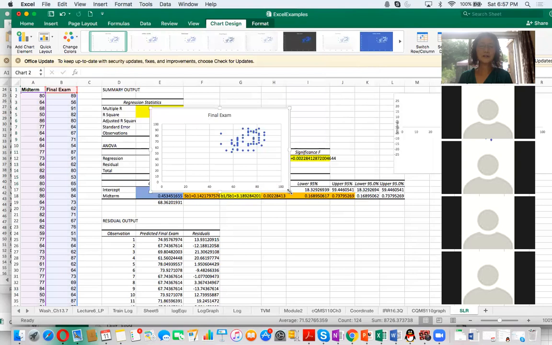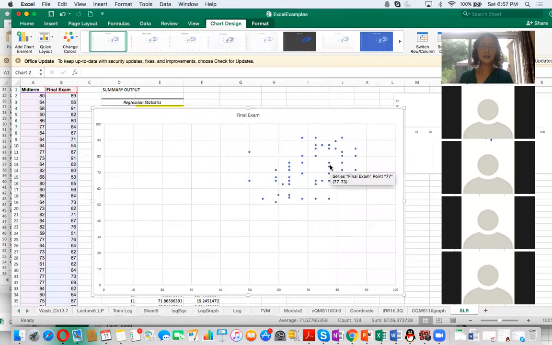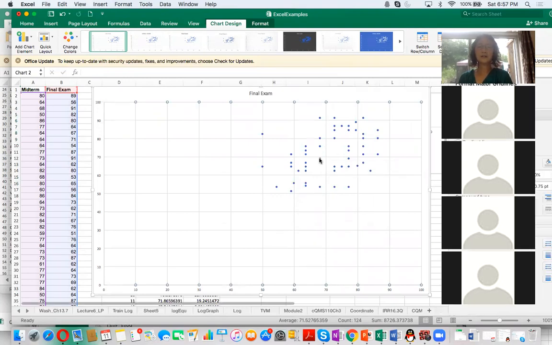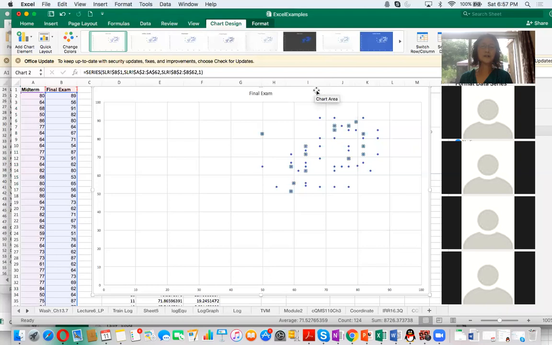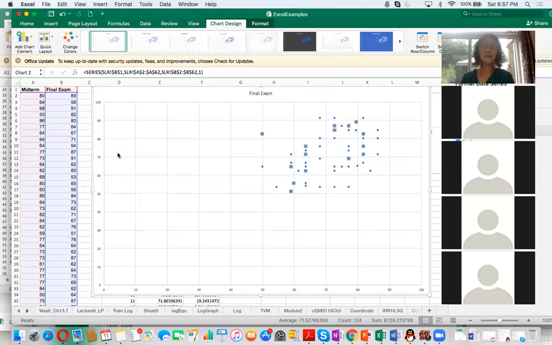X represents midterm, and Y represents final exam. Looks like when you increase X, Y increases. If I click that and add chart elements, trendline, linear.